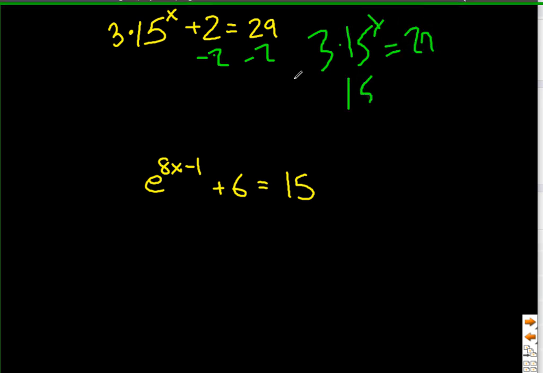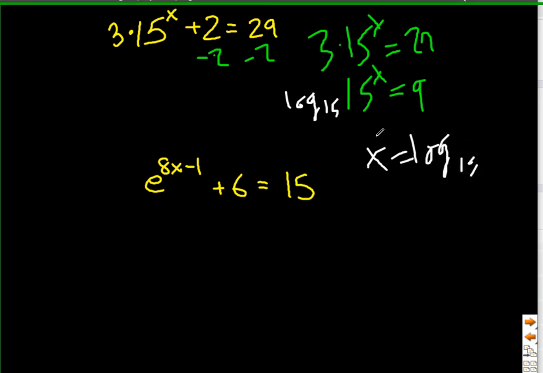Divide both sides by 3. 15 to the x will equal 9. There's no number that you can raise to a power to get 9 and raise to a different power and get 15. So that means I need to now do a logarithm of both sides, log base 15 to both sides. So x will equal log base 15 of 9, and you're done.